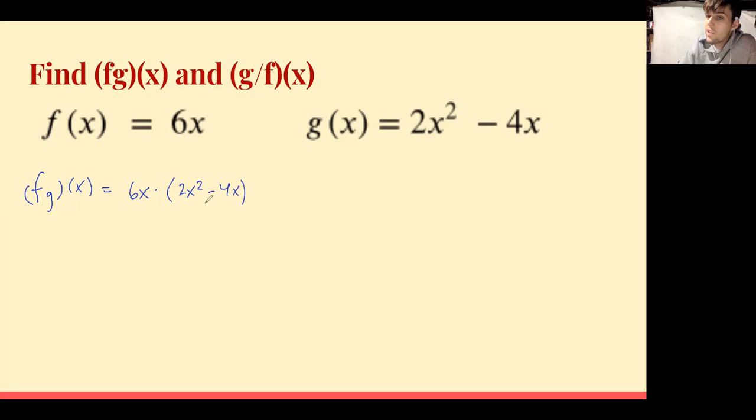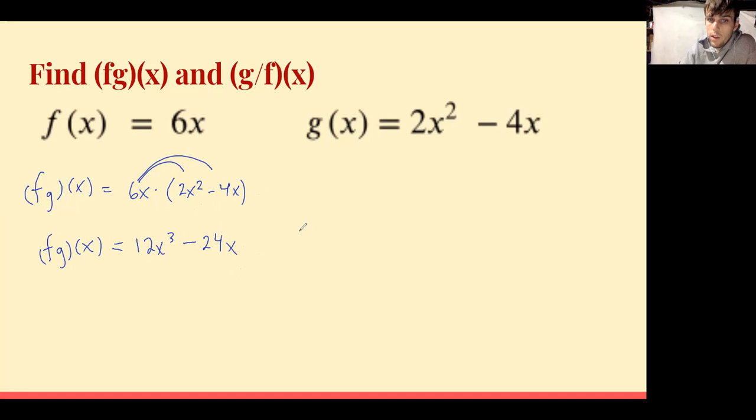Now, you could imagine this multiplication could get complicated if we had multiple terms and had to distribute and everything, but this should be pretty easy. Just going to be distributing 6x there. So 6x times 2x squared is 12x to the third. 6x times that is going to be negative 24x.